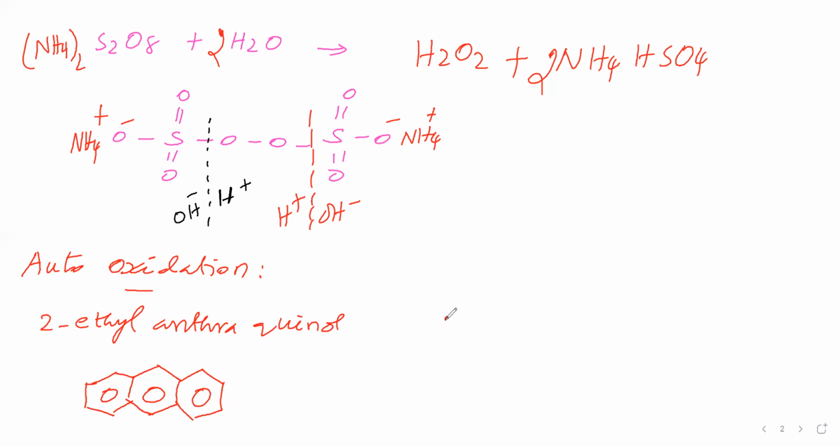Another substance we will take is 2-ethyl anthraquinone. Now we'll see quinol and quinone. This is quinol: benzene having 2 OH groups at para positions.